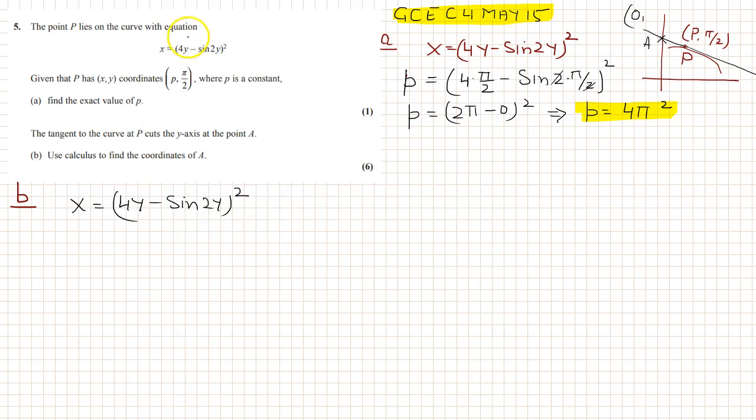We can simplify it or we can find it directly, dx over dy is equal to 2 times 4y minus sine 2y, multiply the differential of 4y with respect to y is 4, minus sine 2y is cos 2y and multiply by 2.